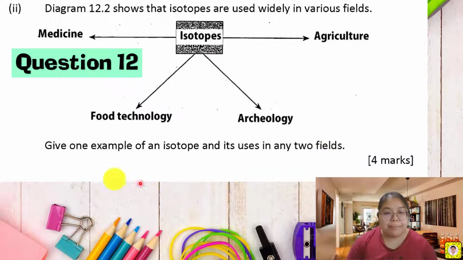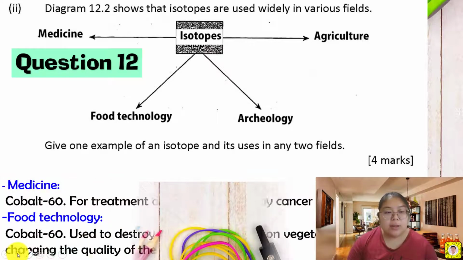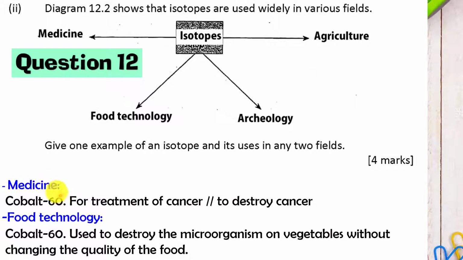Okay, so one example here. Normally we mention medicine. Medicine is easier to explain. First, you can say for medicine, cobalt 60. So remember, you must know the isotope name, because the question asks you to give the example. So from here, I give the name, then I need to explain.